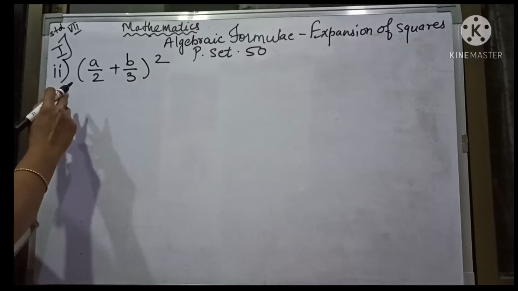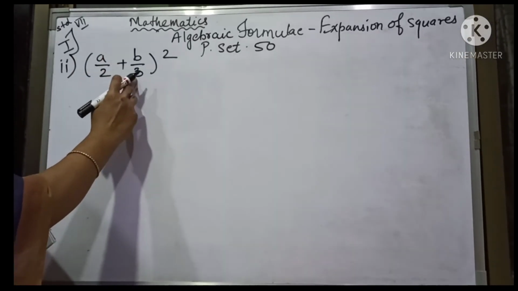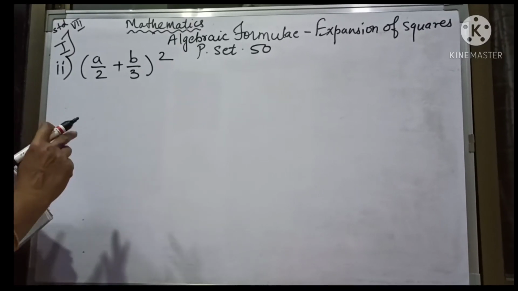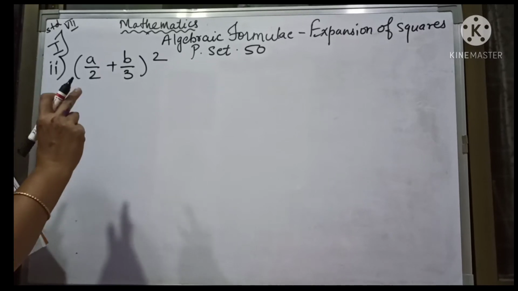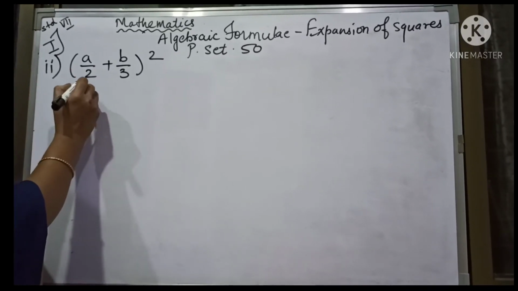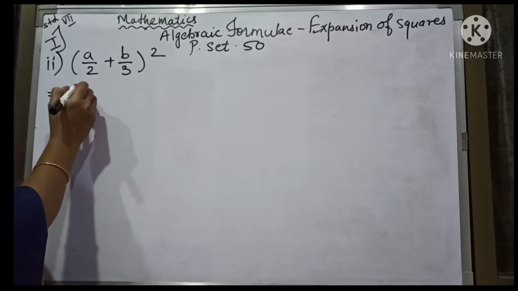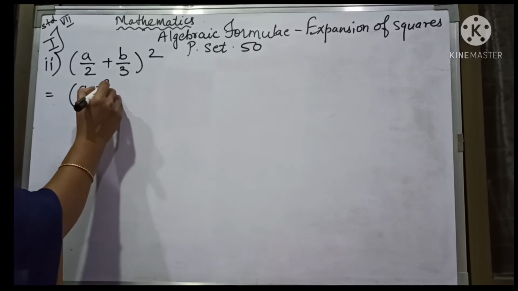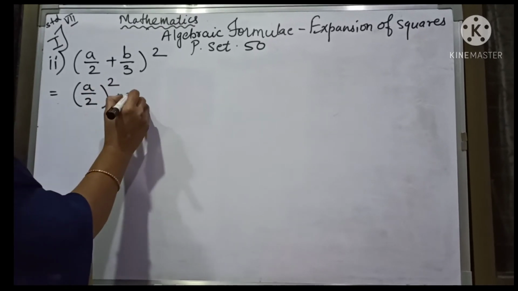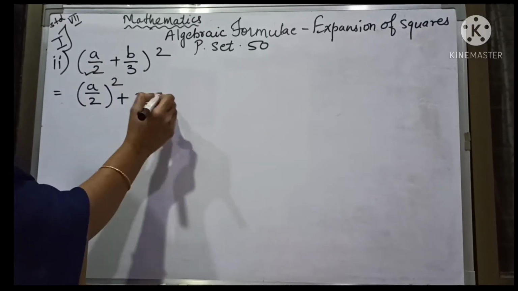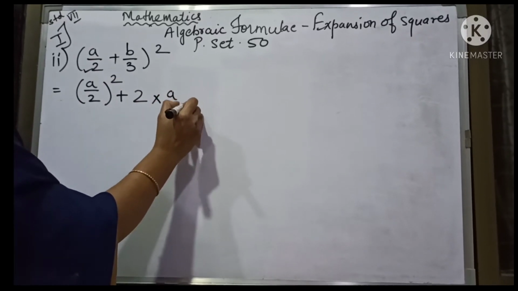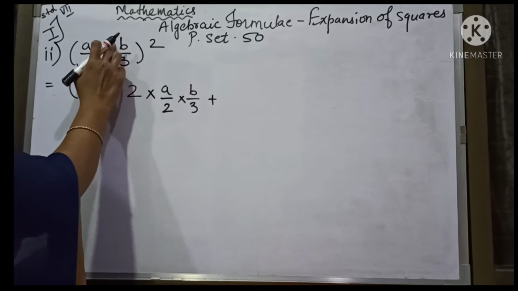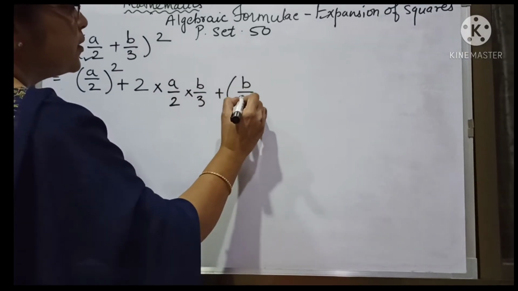So the second sum, (A/2 + B/3) whole square. Here you have to make use of the expansion formula A square plus 2AB plus B square. So now this is our first term. So we will expand this. A square means (A/2) whole square, plus 2AB means 2 into first term A/2 into second term B/3, plus (B/3) whole square.